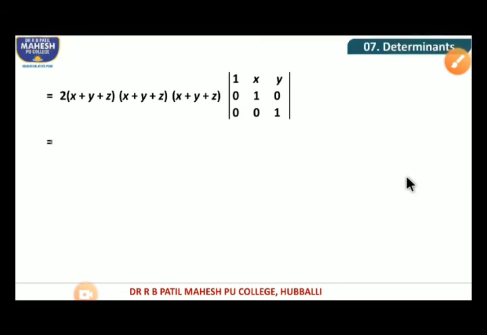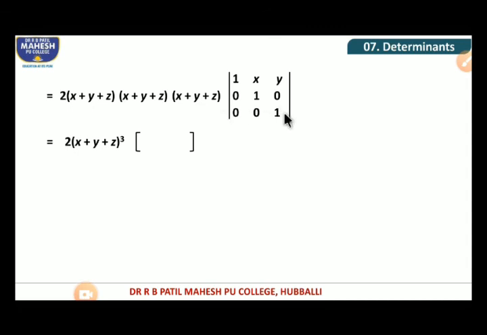So we already have outside 2 into x plus y plus z whole cube, because we have taken the product of the three terms here, so it becomes a cube, into the expansion. The 0 0 are already here, so it is not necessary to take these two terms.